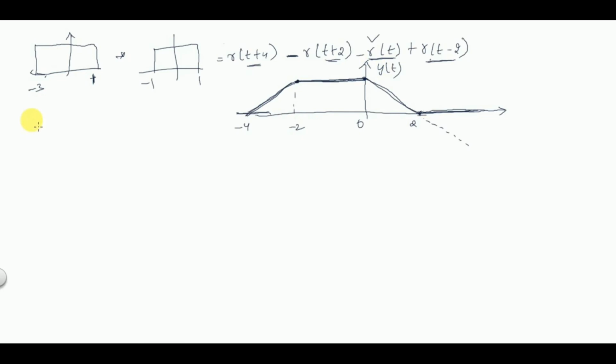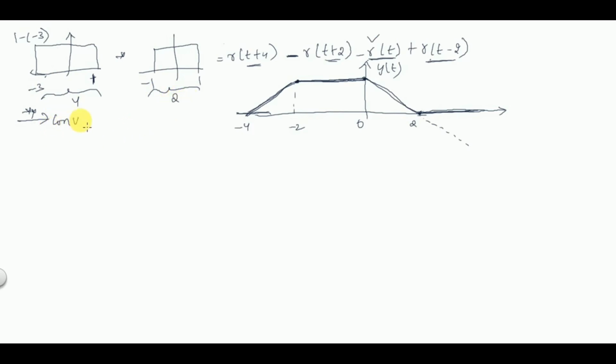The important point which you have to note here is the time period. The time period here is 1 minus of minus 3, so the time period is 4, and here the time period is 2.